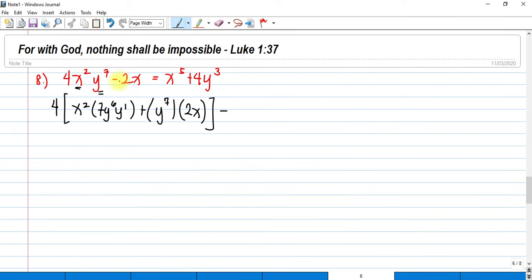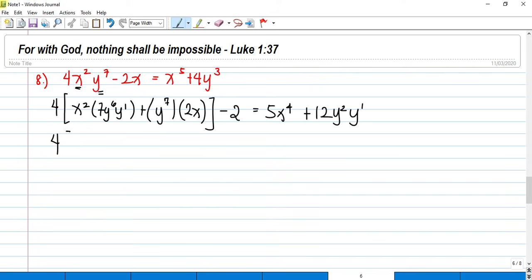Then minus 2x, whose derivative is negative 2, is equal to x raised to 5, whose derivative is 5x raised to 4, plus the power rule for 4y cubed, that's 12 because 3 times 4 is 12, y squared, and we are differentiating with respect to y, so we have y prime in here.